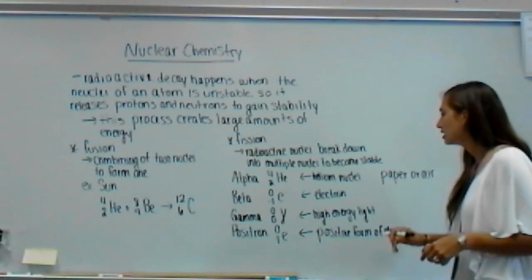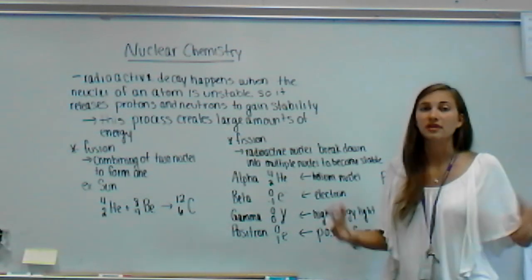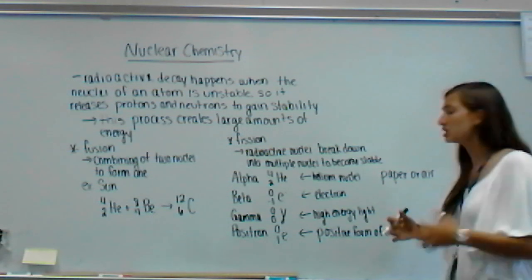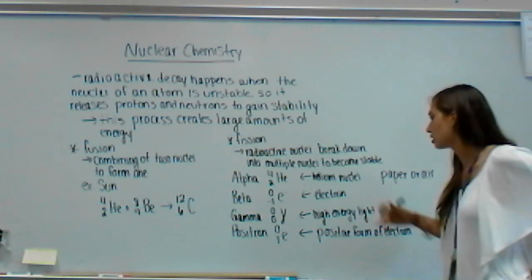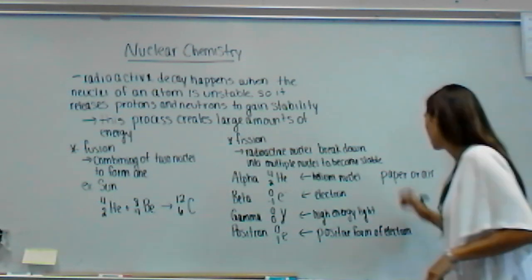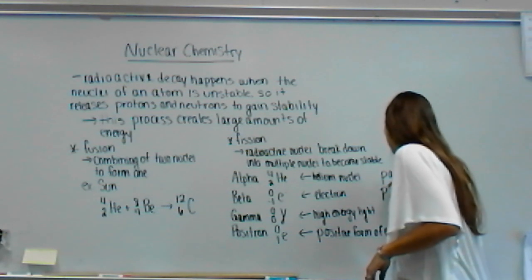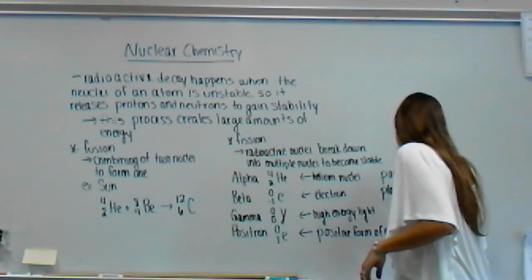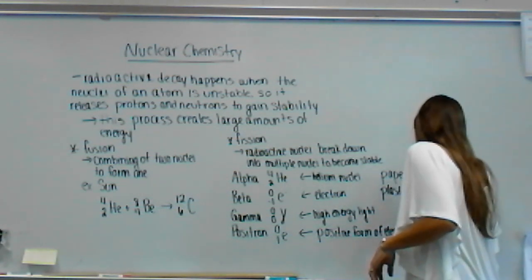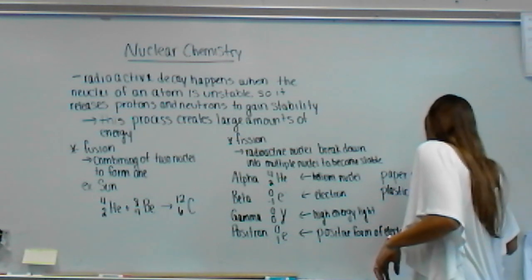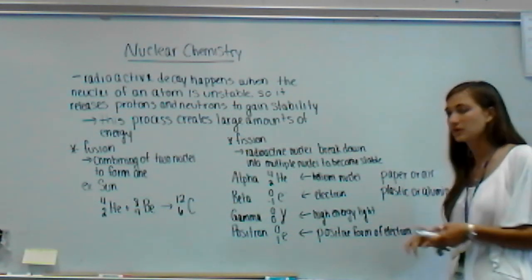Okay, so you can be protected from alpha particles pretty easily. Beta particles give off a little bit more radiation, so you're going to need something a little bit stronger in order to protect yourself. Here, we can use plastic or aluminum to protect ourselves.